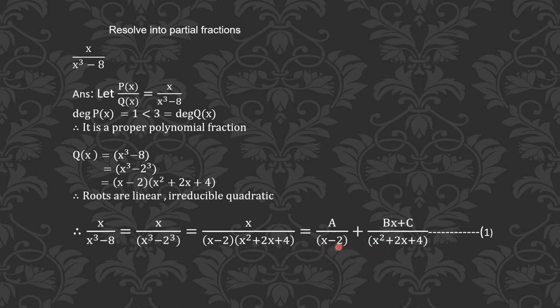So in the first fraction denominator will be x minus 2, whereas in the second fraction the denominator will be x square plus 2x plus 4. Now, whenever the denominator is linear, numerator will be a constant, and when the denominator is a quadratic, numerator will be a linear polynomial bx plus c. Name it as equation 1.